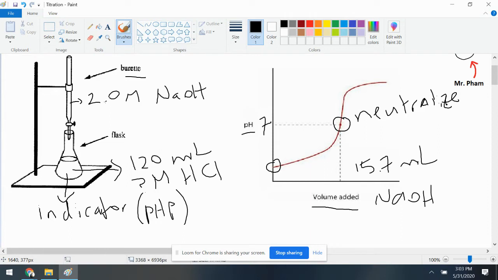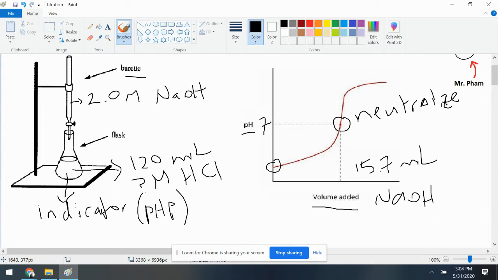So anyways, what do we do now? We know how much base we added until you neutralized the hydrochloric acid. It's 15.7 mL of sodium hydroxide.